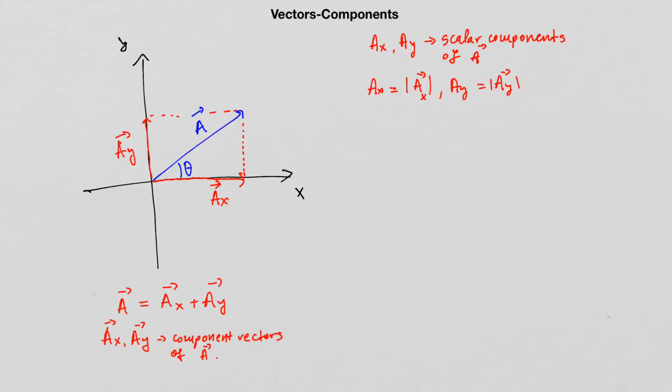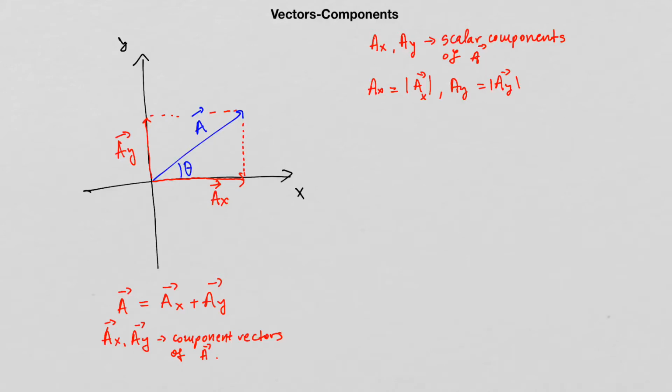The scalar components of a vector are very important because with those we can actually do calculations. And so we are going to predominantly work with the scalar components when we deal with vector quantities. We are not going to work much with the component vectors.